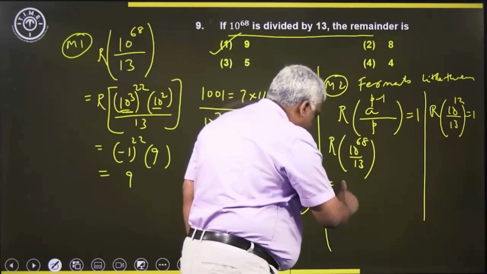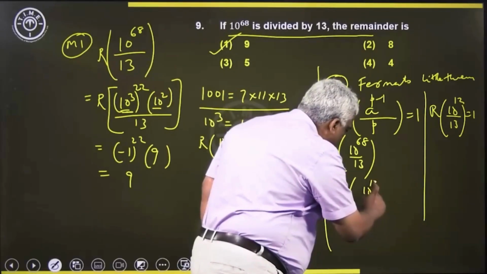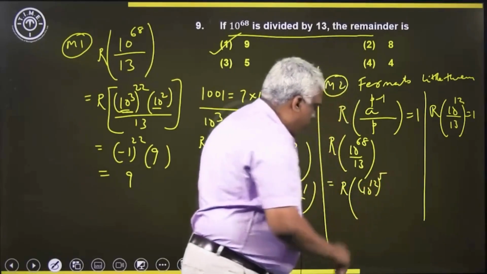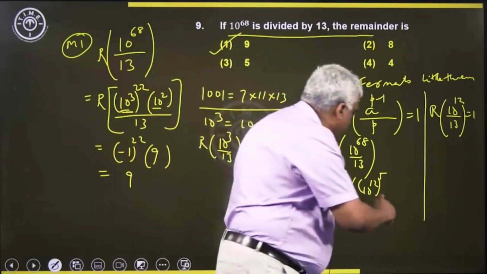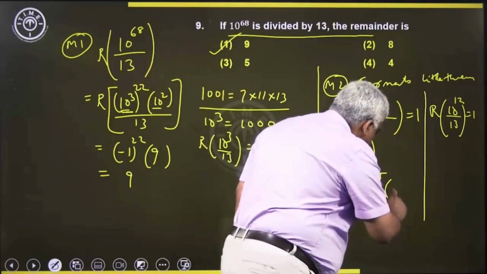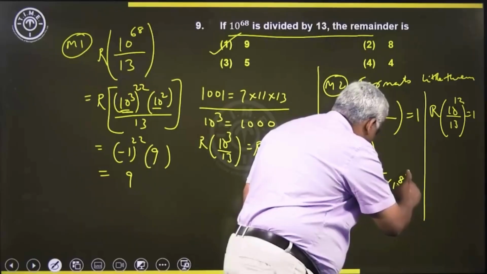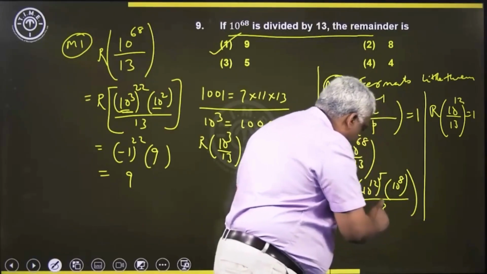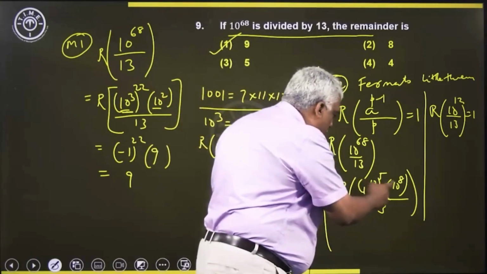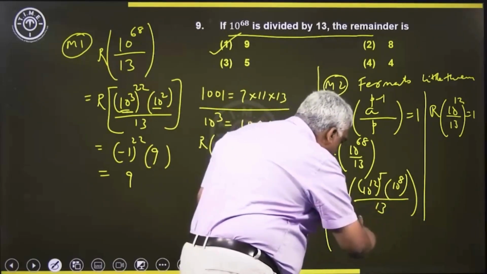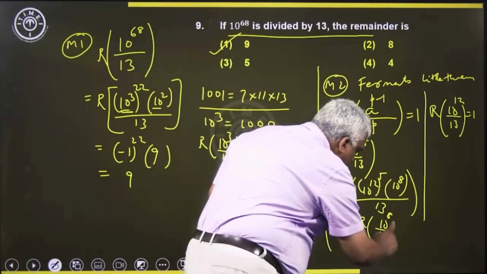So, we can write it as 10 to the power 12, to the power 5, so 10 to the power 60, and 10 to the power 8 is left. 10 to the power 12 divided by 13, the remainder is 1. So, now we are left with 10 to the power 8 divided by 13.